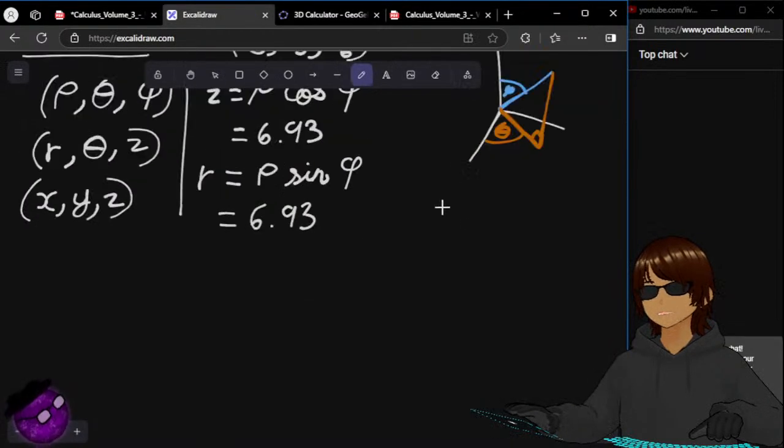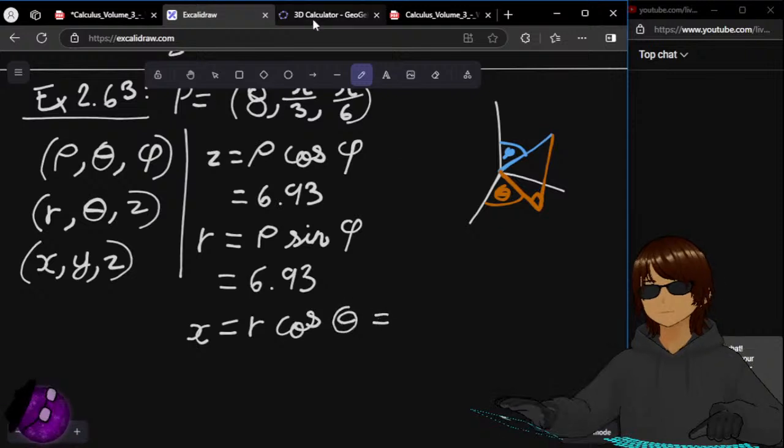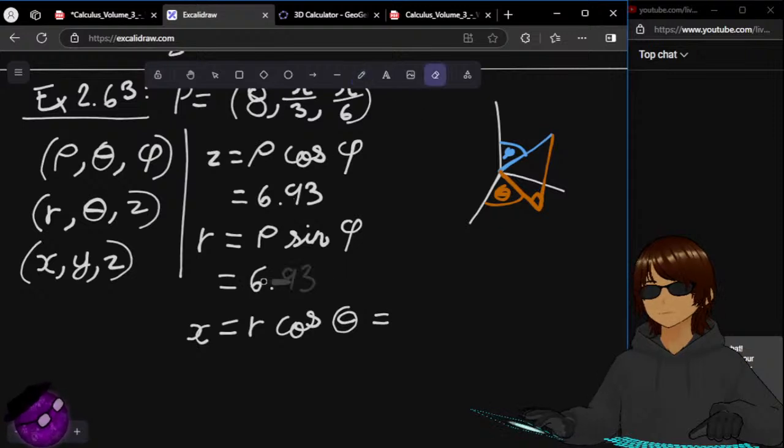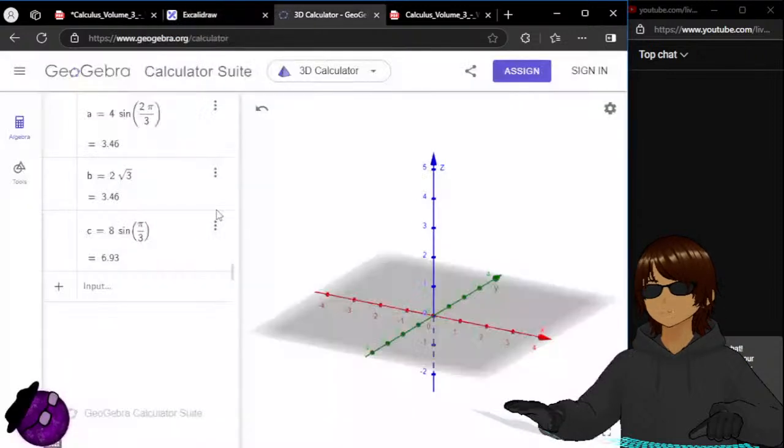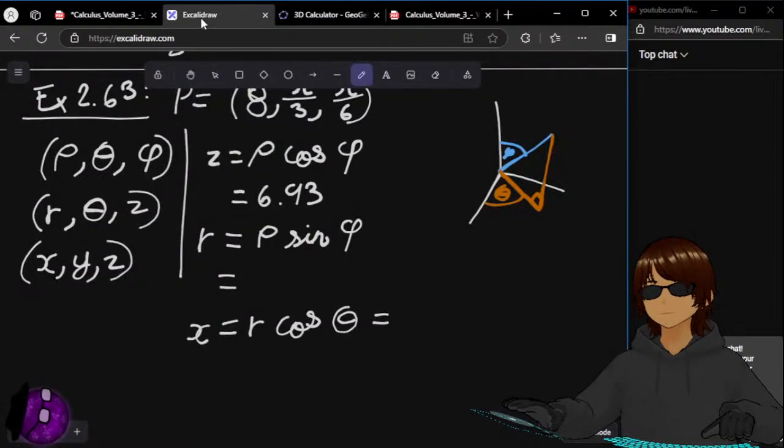And then x is r cos theta. Wait, no, this was wrong. r is 8 sine phi, where phi is pi over 6, and sine pi over 6 is one half, so r is 4.